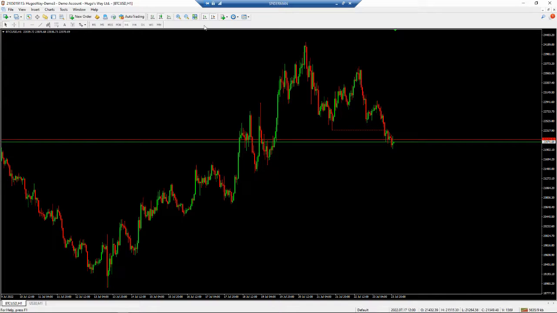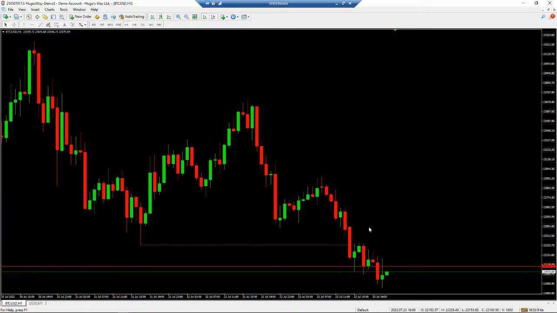And so price, let me zoom into this a little bit. Price, based on this horizontal line, broke and closed below this horizontal line. So next I would ask myself, what caused this price to break and close below that horizontal line?